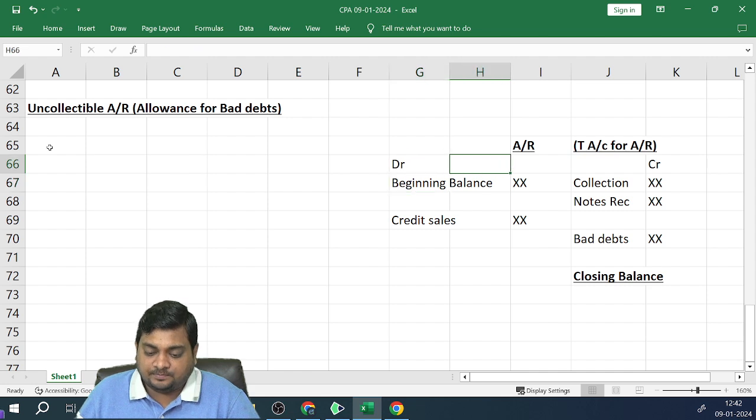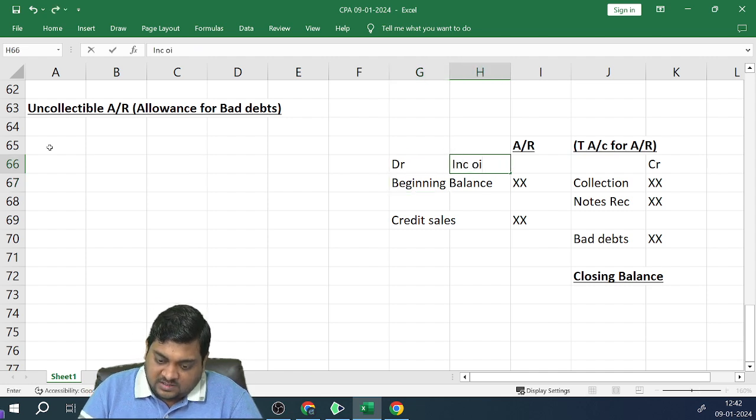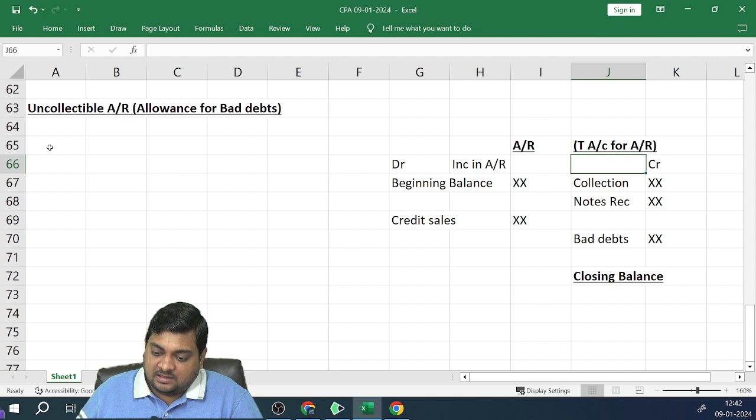Right? This is increase in AR, and this is decrease in AR.